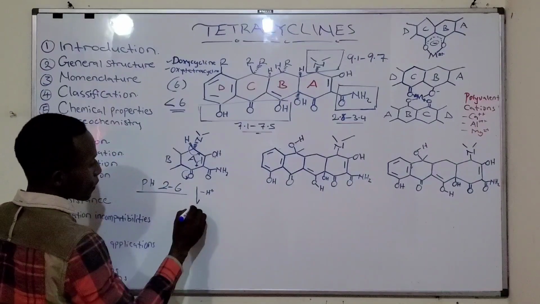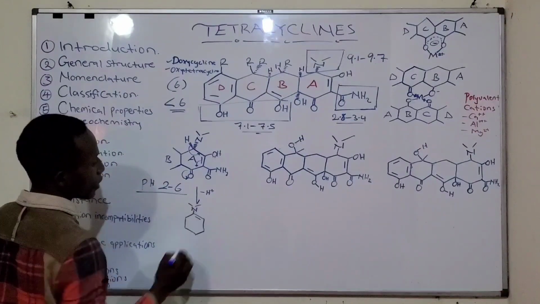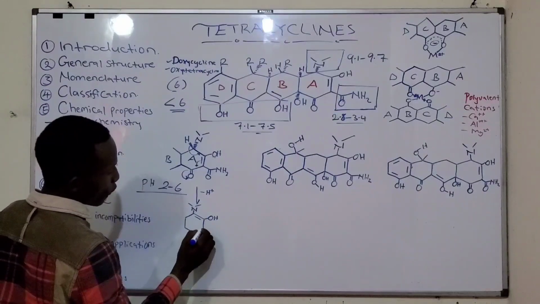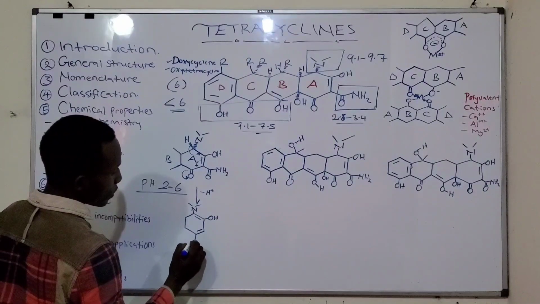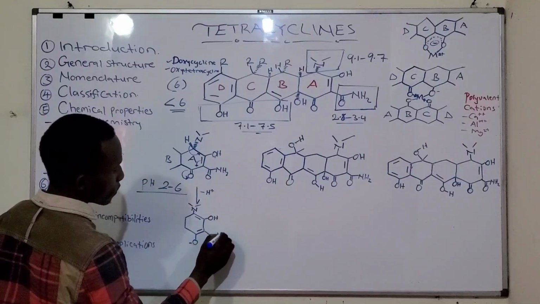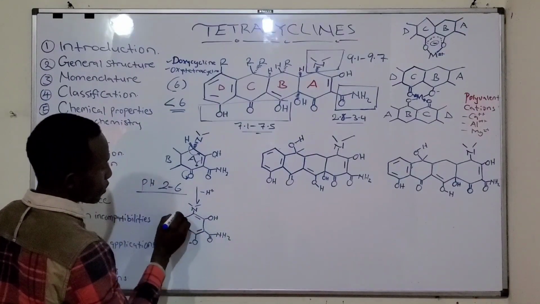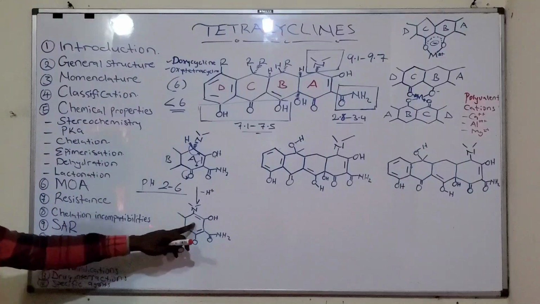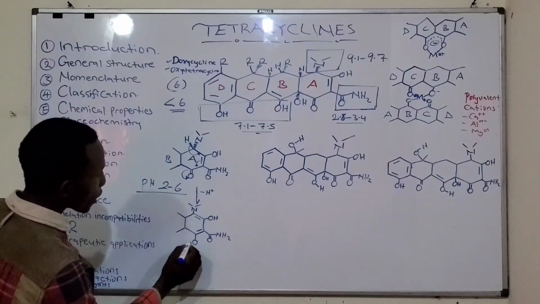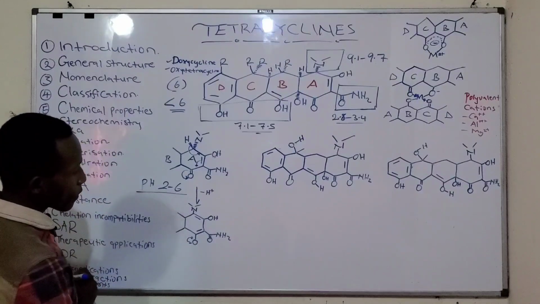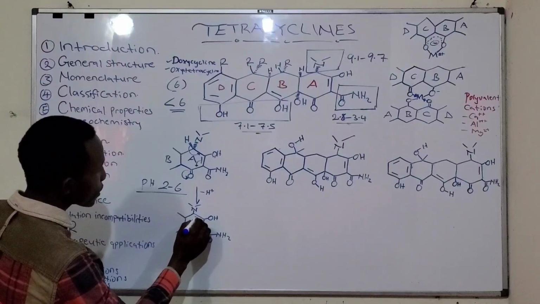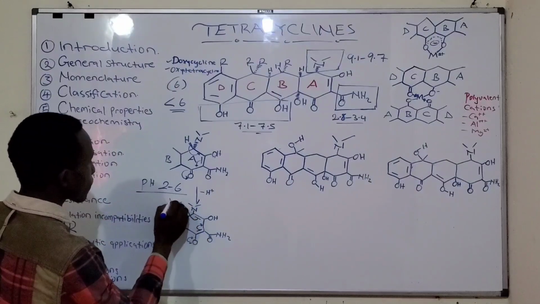So you have your dimethylamine, and here there is an OH group. Here you have formed a bond. This one is O minus. But again, this bond can reform back. Then this one will move back, and this one will get the proton.